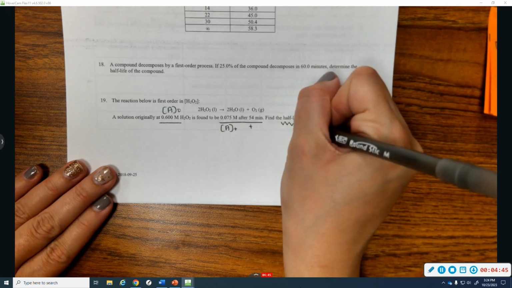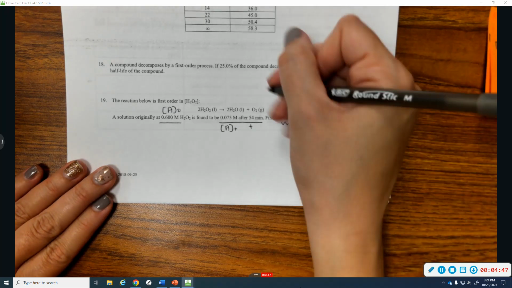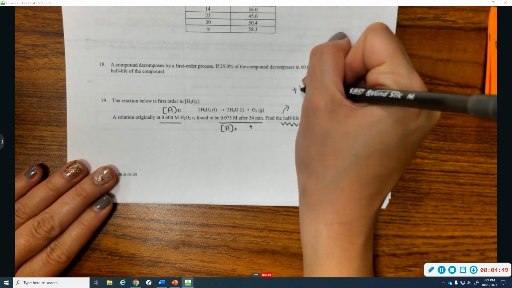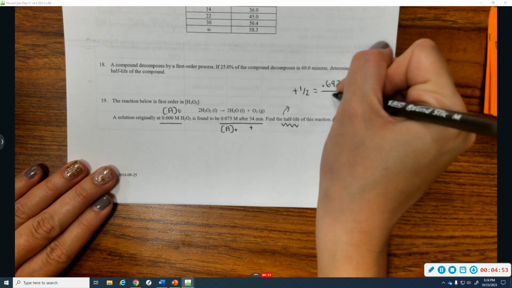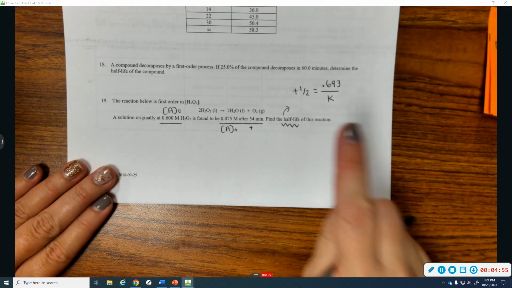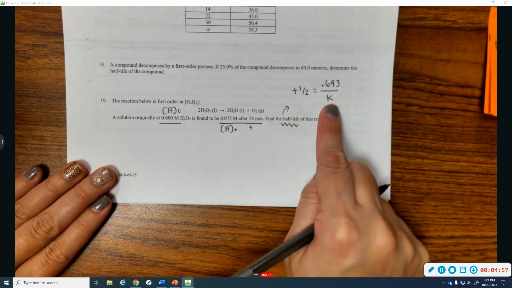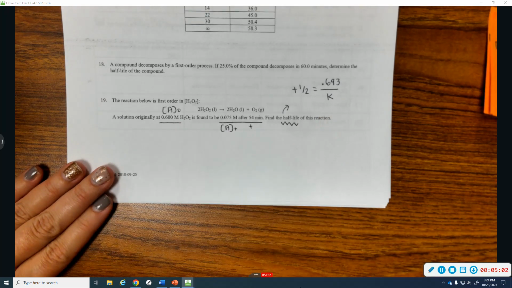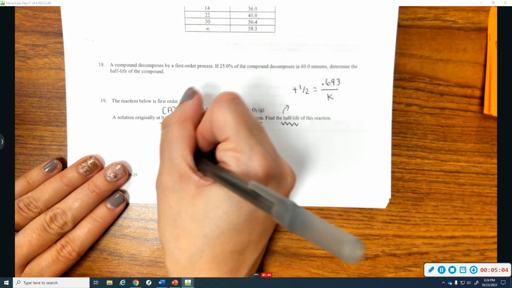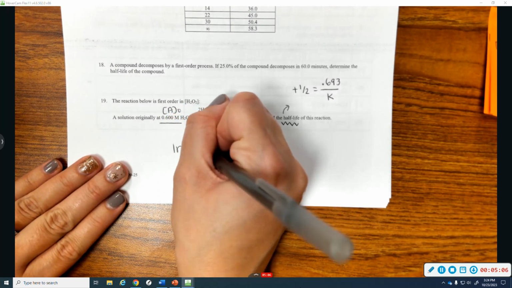Whenever you see half-life, you should double check your formula chart. The formula for half-life is t1/2 equals 0.693 over k. So if I want to find half-life, I need to know my rate constant, which is k. None of these variables are the rate constant, but I can find it through my integrated rate law.